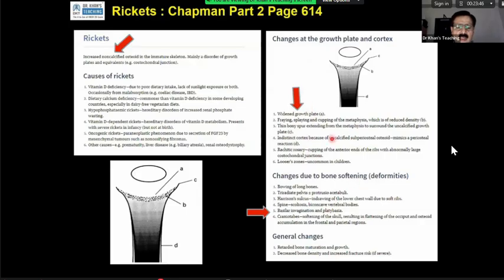These are the ones we were concentrating on. And look at this, changes due to bone softening, bowing of the bone. Even here, it is written: indistinct cortex because uncalcified subperiosteal osteoid mimics a periosteal reaction.